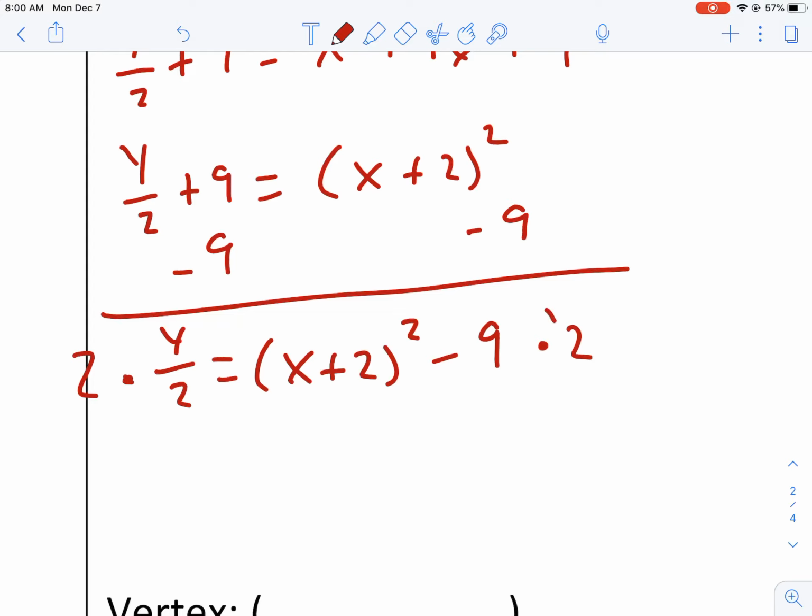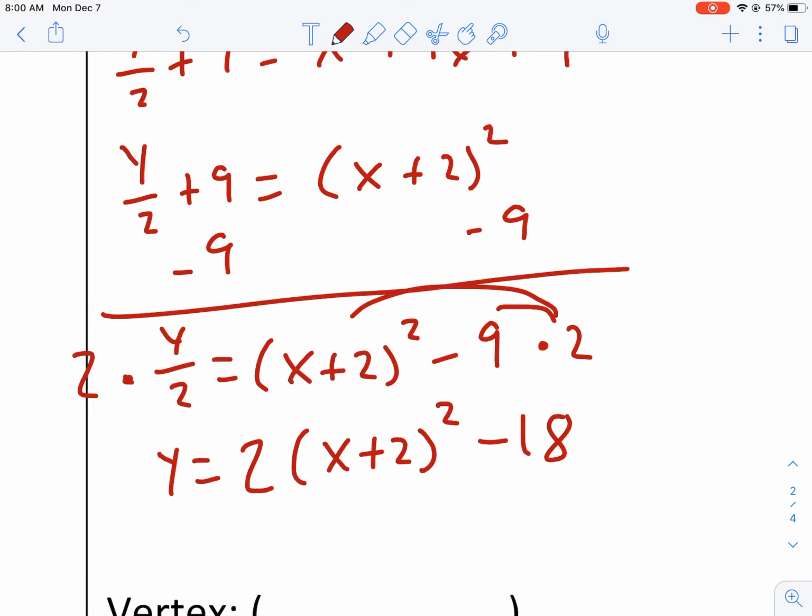You have to distribute with your 2, because there's actually 2 things over here. So a 2 has to go out in front of the parentheses. And you should know this because your a value is 2. But then you also have to multiply 2 by that number. So it actually becomes minus 18.